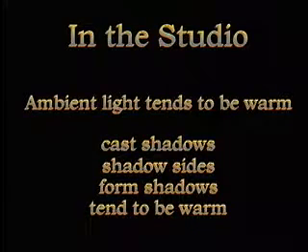Unlike the landscape, the ambient or secondary light in the studio tends to be warm, so all shadows, shadow sides, cast shadows, and form shadows seen indoors tend toward the warm side of the spectrum.